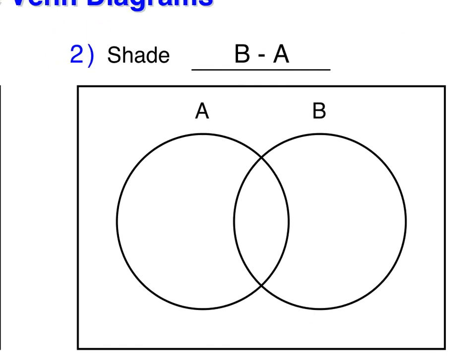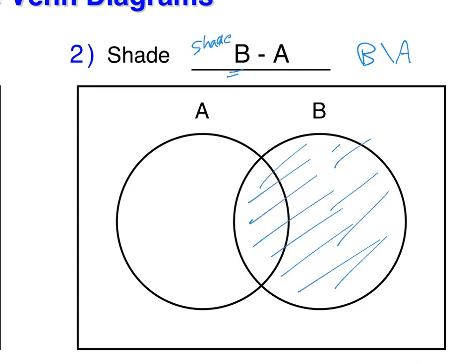So just quickly looking at this example, shade B minus A. So don't forget, it could also look like this. So we're going to shade set B, and then we're going to erase set A. So I'll take my eraser and erase everything that's a part of set A, which is this portion that's in the middle.